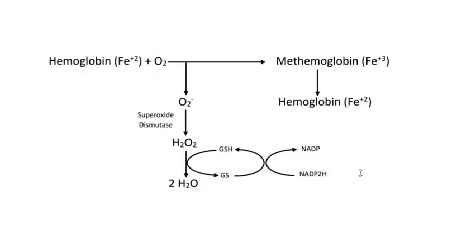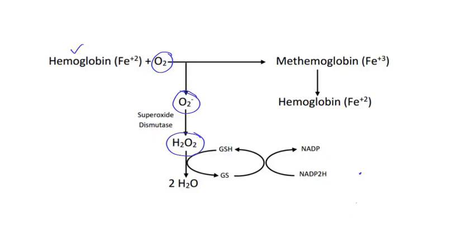Now we will learn how hemolysis is prevented by antioxidant activity in RBC. We know that RBC contains hemoglobin which carries oxygen. This oxygen can produce superoxide and hydrogen peroxide. This hydrogen peroxide can produce hydroxyl radical which can damage or lyse the RBC membrane.